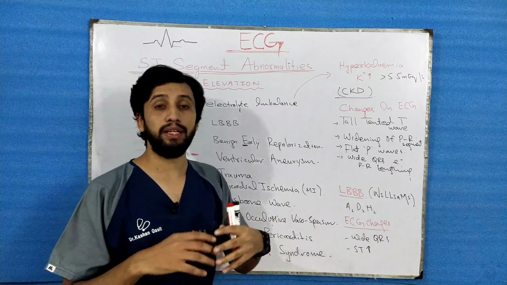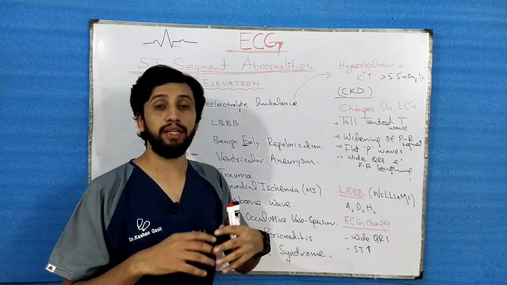D2: the first D is digoxin toxicity, and the second is DCMP. H2 is for hypertension and hyperkalemia. So A2, D2 and H2 are the mnemonics to remember the causes of left bundle branch block.